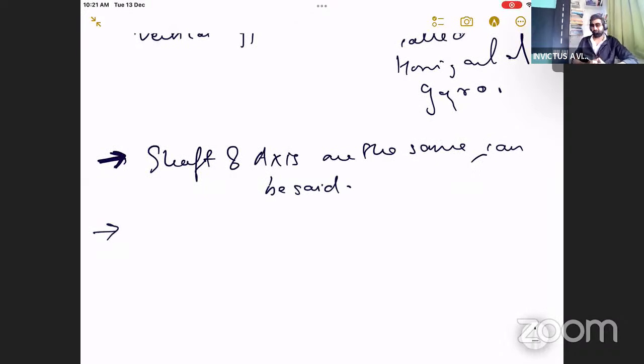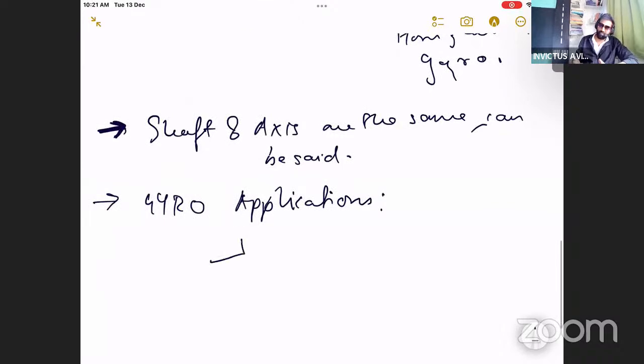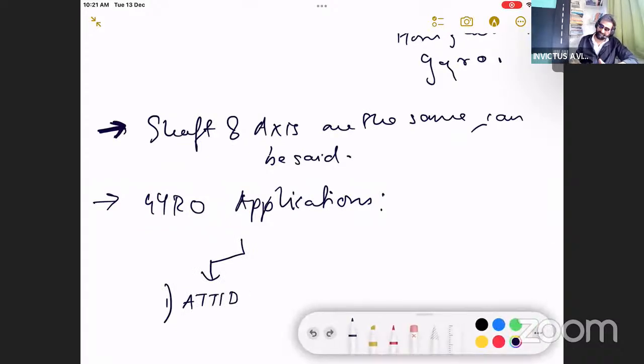Applications of gyro in aircraft. Very simple thing. Gyro applications. Number one, attitude, that is straight and level flight.